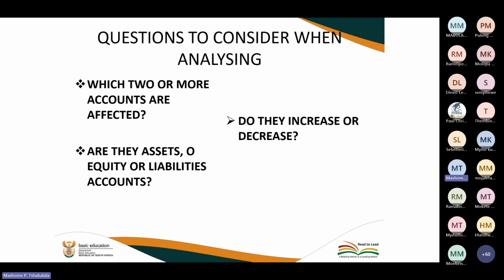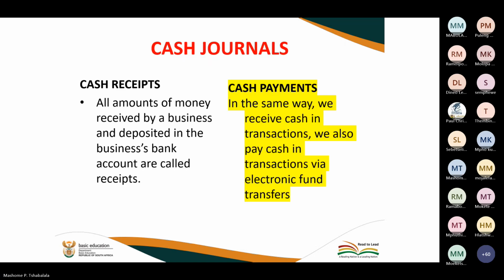On the next slide, we'll be looking at the CRJ and the CPJ. We have the cash receipts journal transactions and the cash payment transactions. Remember, on the cash receipts transactions, we're talking about the amount of money received by the business and deposited into the bank account of the business.